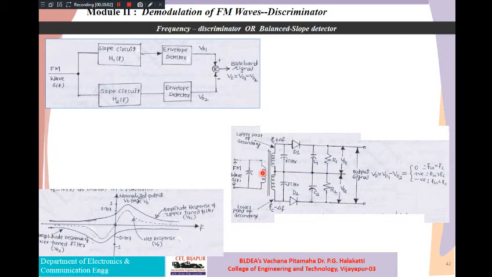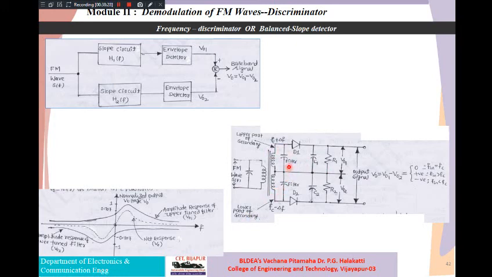We have here the main circuitry, the FM demodulator circuitry. At the primary, we are applying the FM signal S of t having the complex envelope S1 hyphen of t. The secondary is center tapped, so I like to call it the upper part of the secondary and the lower part of the secondary.